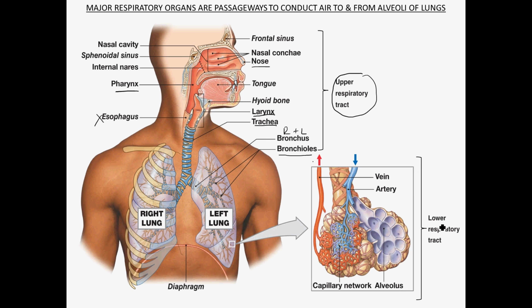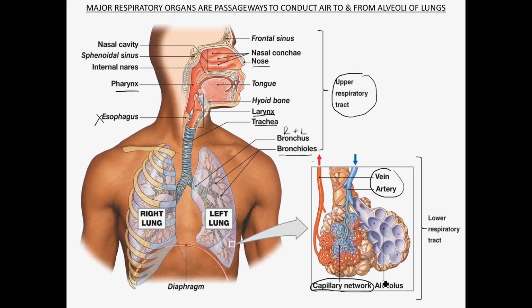When we get down to the lower respiratory tract, this is where the gas exchange actually occurs. We see here components of the cardiovascular system, arteries and veins, and this capillary network surrounding the alveoli. This is where the carbon dioxide and oxygen exchange is going to take place.